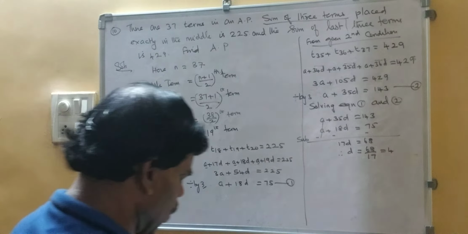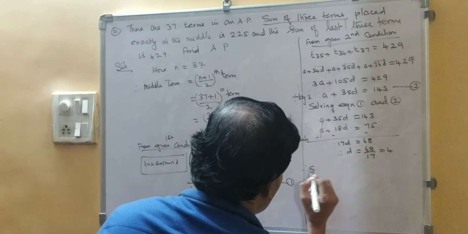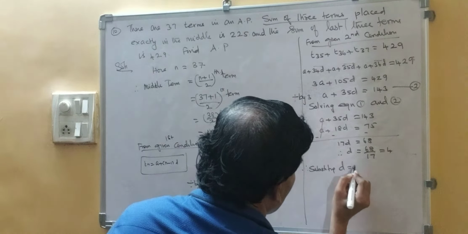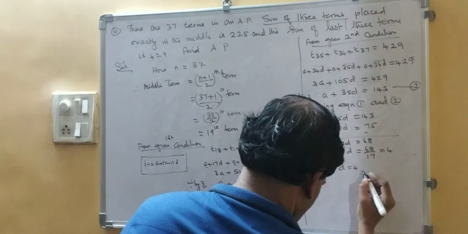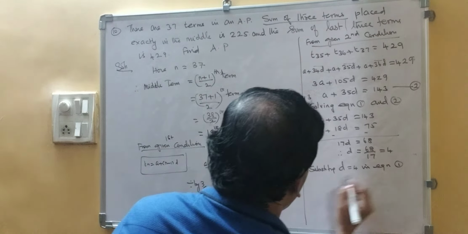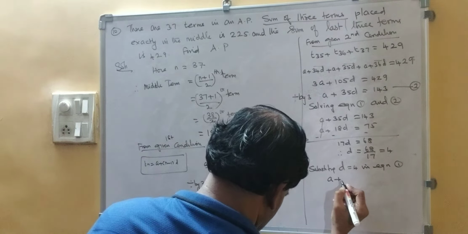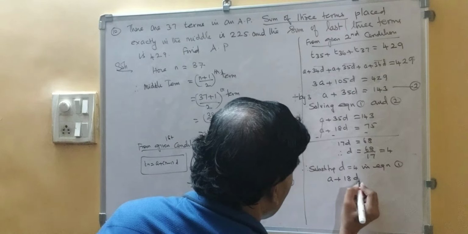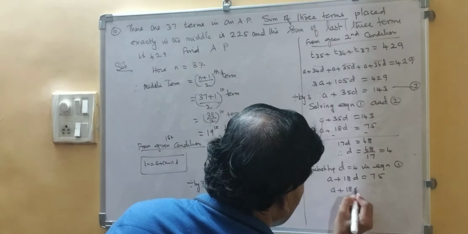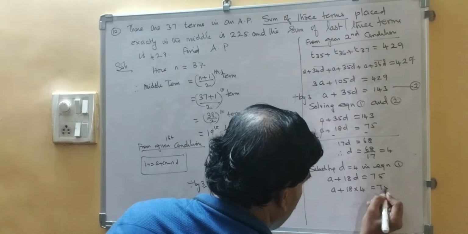Okay, now we will substitute. Therefore substituting D equal to 4 in equation 1, what we will get? A plus 18D equal to 75. So A plus 18 into 4 equal to 75.